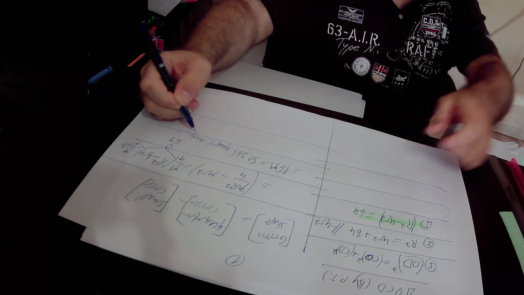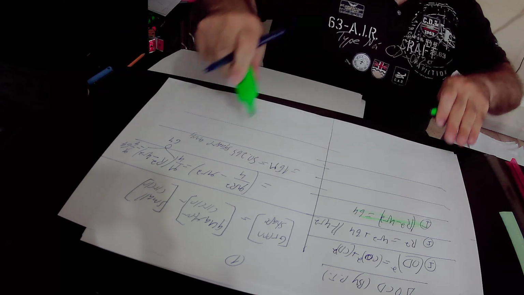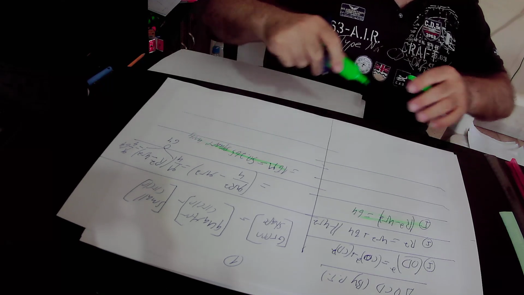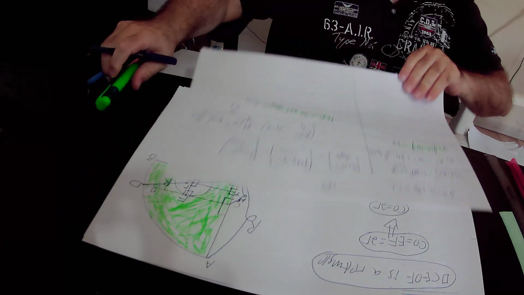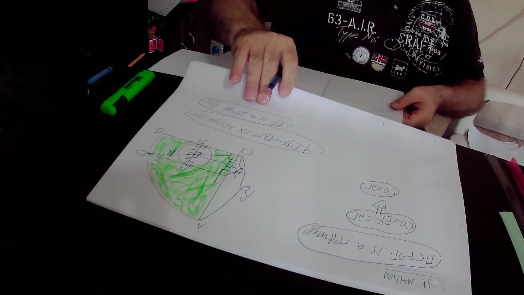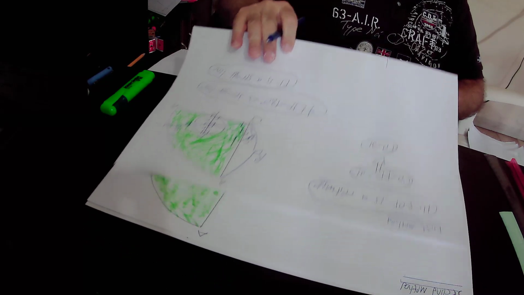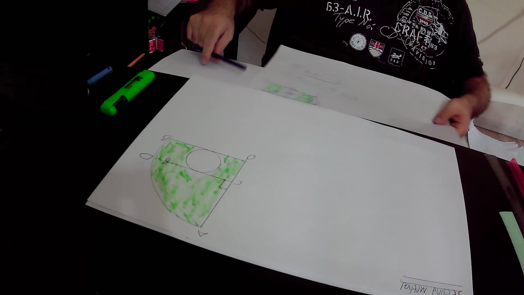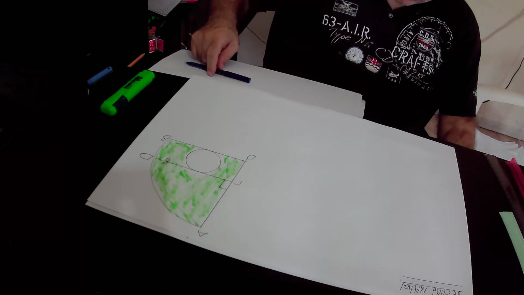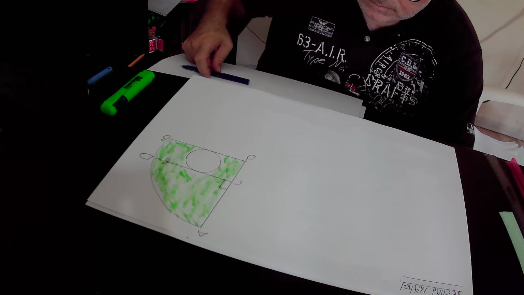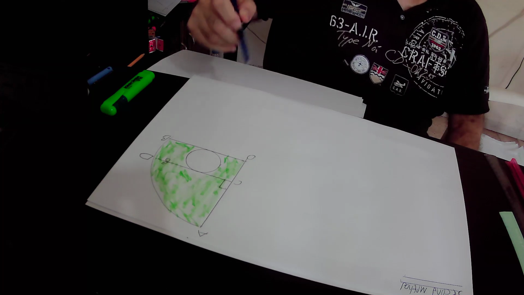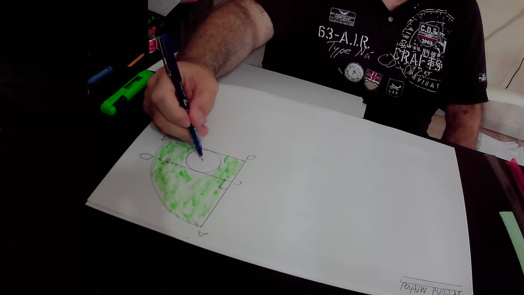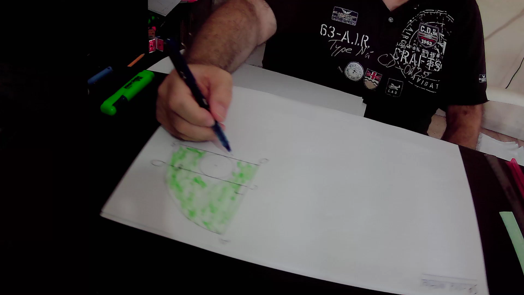Okay, so we finished the first method. The next step, I'll present to you the second method to find the area of this green shape. In the second method, we use the things that we found out in the first method.